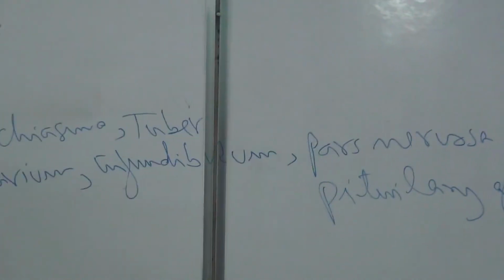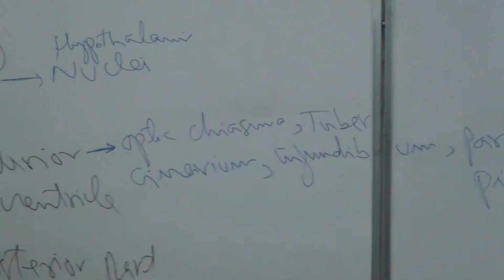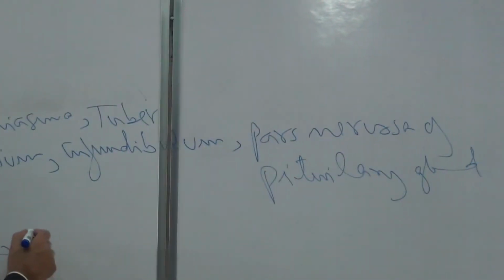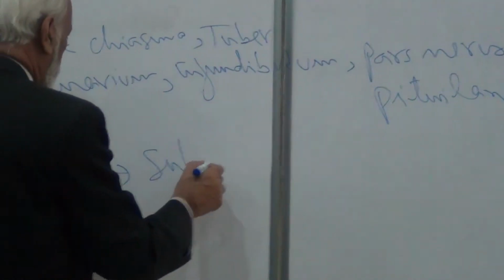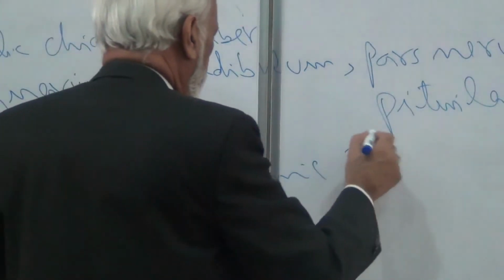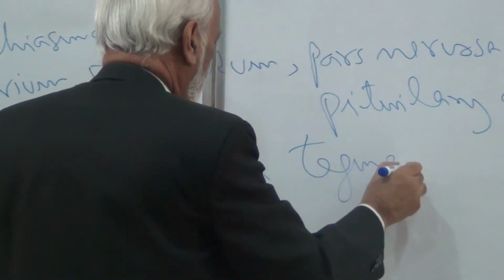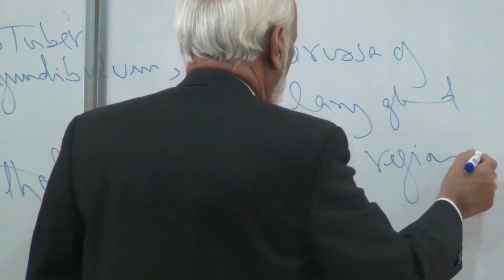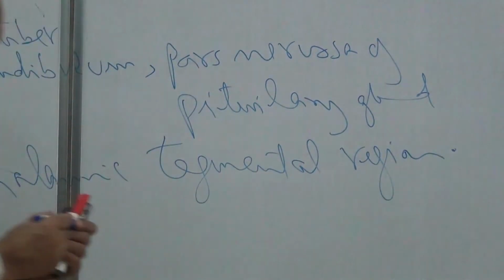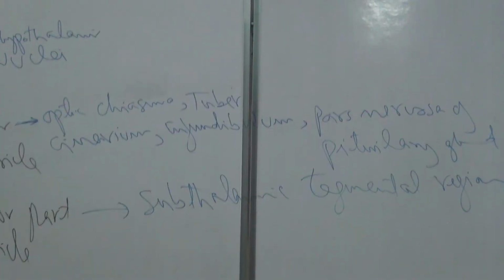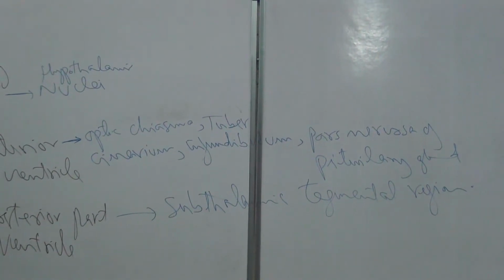Then structure in the posterior half of the floor of the ventricle is the subthalamic tegmental region. So these are different structures which are considered as part of the hypothalamus.